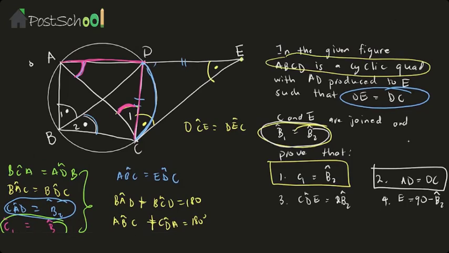Alright. So then CDE is equal to 2 times B2. Okay, so where is CDE? So CDE: C, D, E. Okay, so this angle CDE.